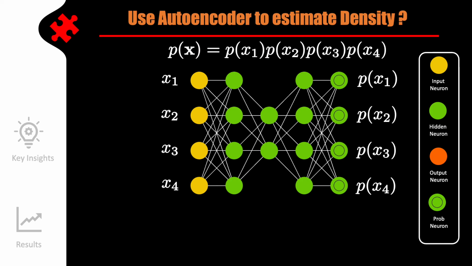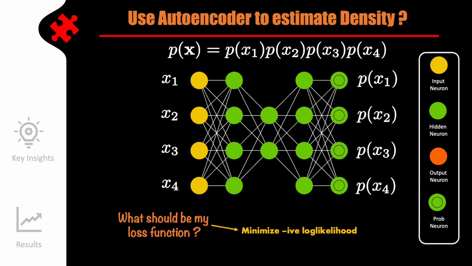This being clarified, we should also be able to express the joint probability of a sample like this. That is, the probability of each component is now a factor in joint probability of your sample. But then what should be our loss function to learn the weights? Well, the canonical way of doing parametric density estimation is to maximize log likelihood or minimize the negative log likelihood.